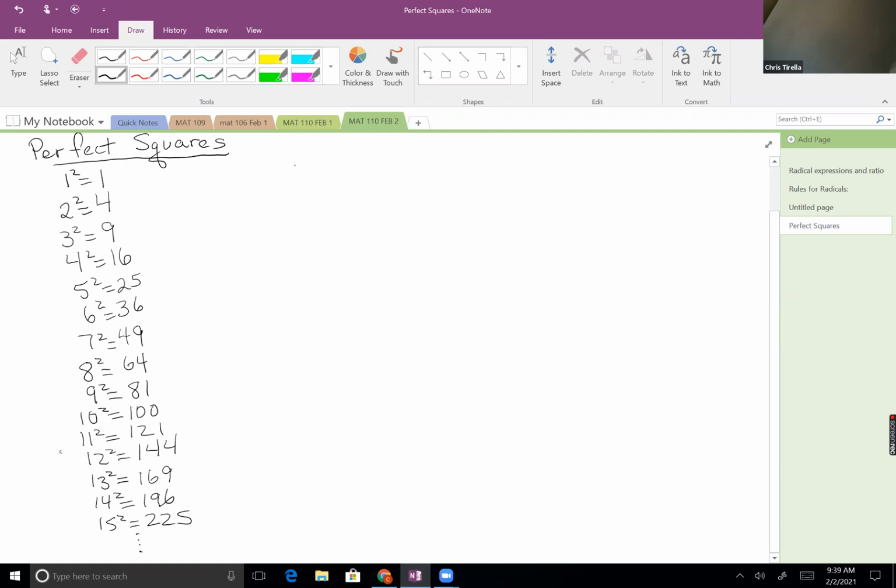And so if I'm trying to simplify a radical, let's start with a pretty simple example. For my example, I'm going to take the square root of 18. First thing I want to do is find the largest perfect square factor of the radicand.